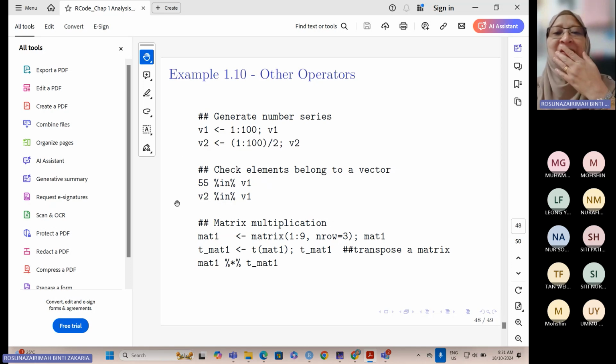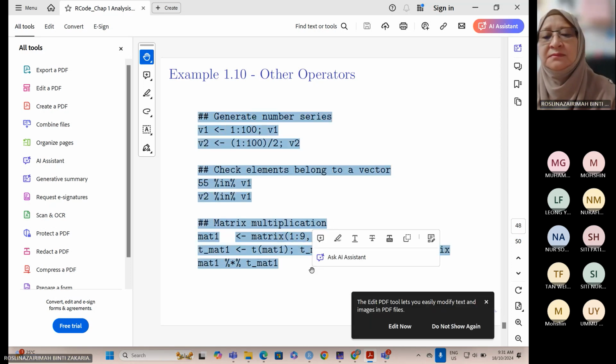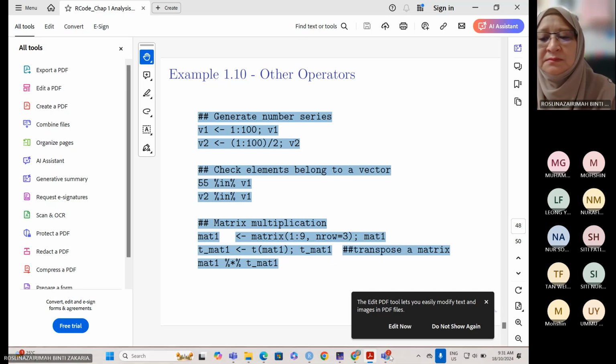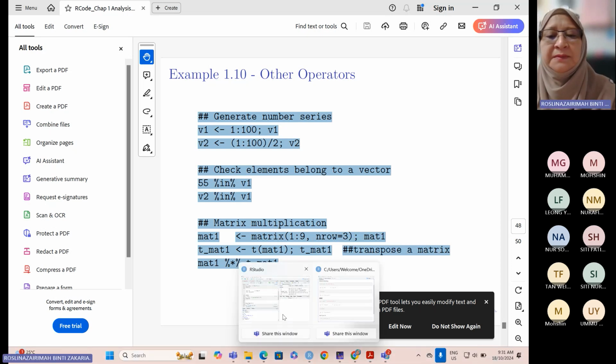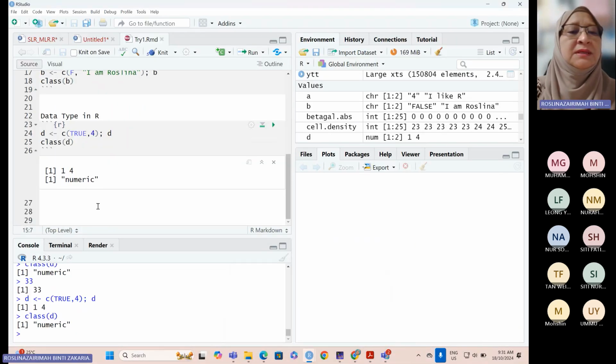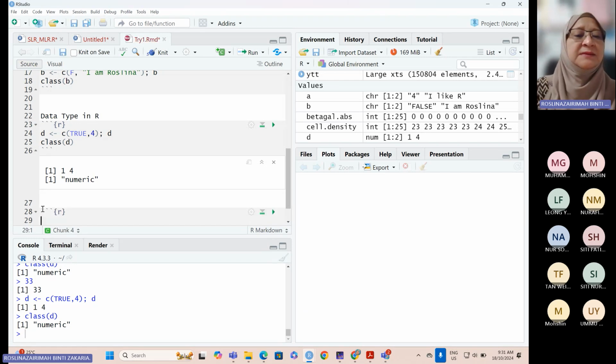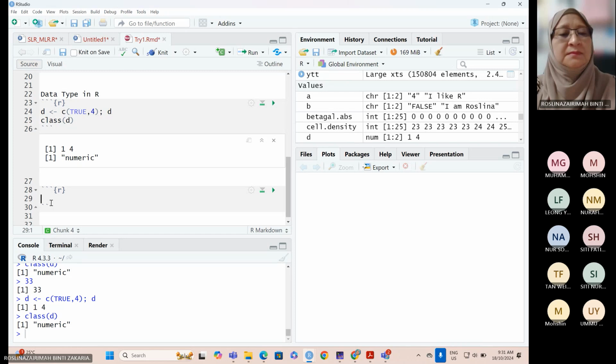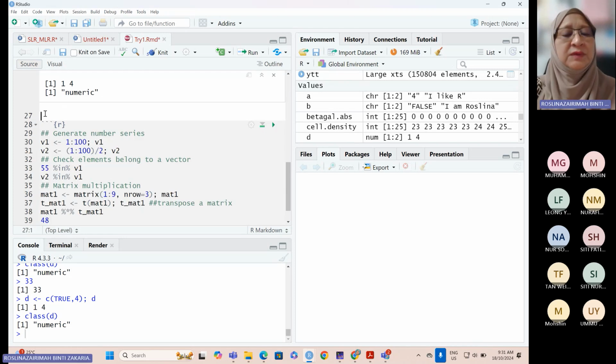Okay, this is an example. We can run this example in R. Let's include one more, control alternate insert. More operators, for example.